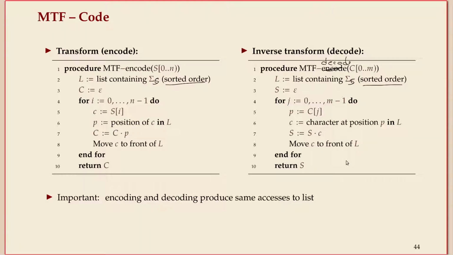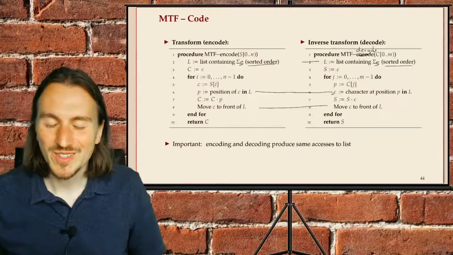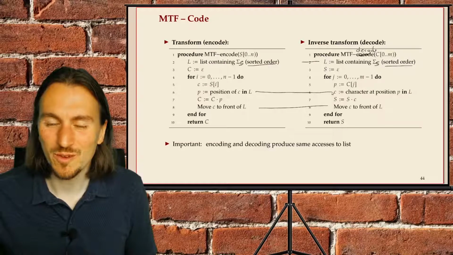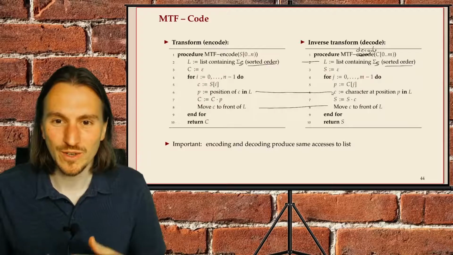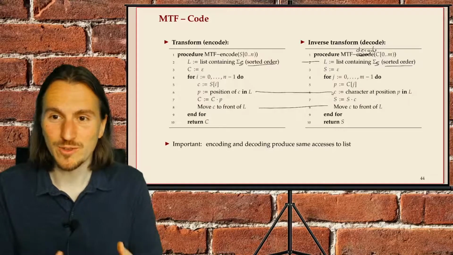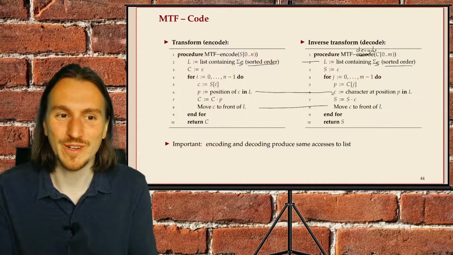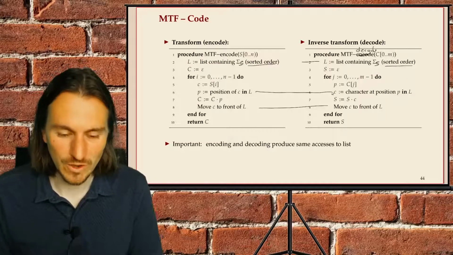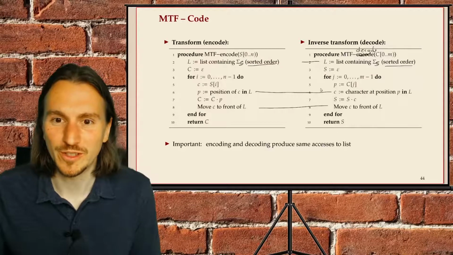So you see how these are synced up. They start with the same list, and they always change the same list. They change the list in the same way, and they extract the characters in the same way. So by putting the code next to each other like this, it becomes obvious that they do the very same thing. Encoding goes from characters to numbers, decoding goes from numbers to characters, but they always make sure that these two things remain in sync by keeping the move to front list in sync.